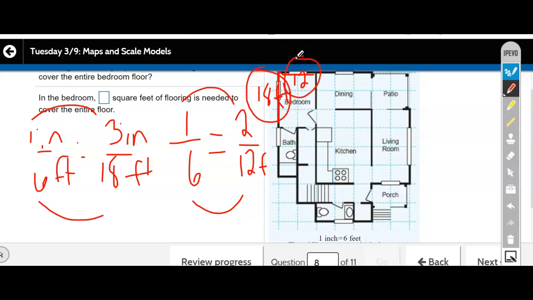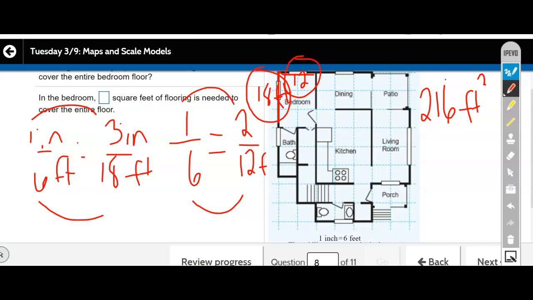We converted those to feet. So the room is 18 feet by 12 feet. So now how do I find the area of the room? Multiply, length times width. And Matt, what do we get? 216 square feet. 216 square feet.